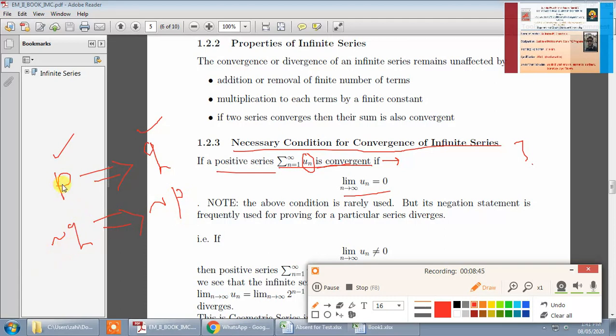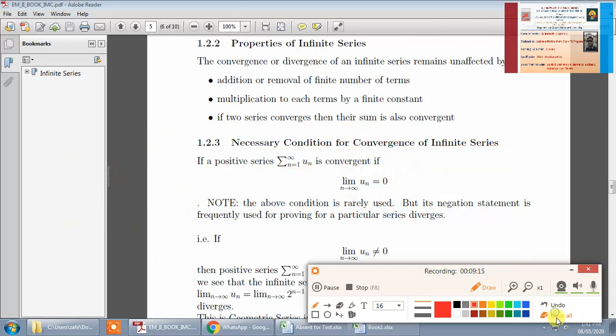If p is that the series summation un is convergent, what is its negation? Summation un will be divergent. What is the negation of limit n tends to infinity un equal to 0? It will be limit n tends to infinity un not equal to 0. Note that this is the statement of q and this is the statement of p.